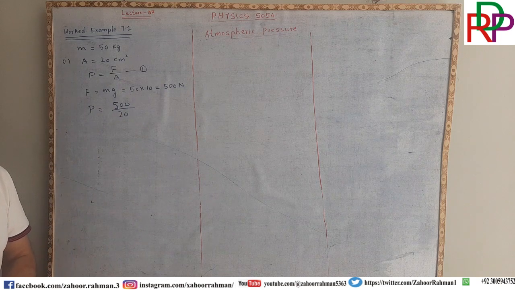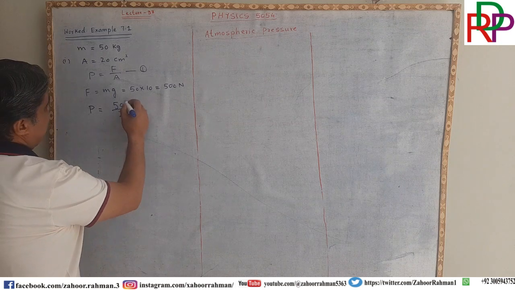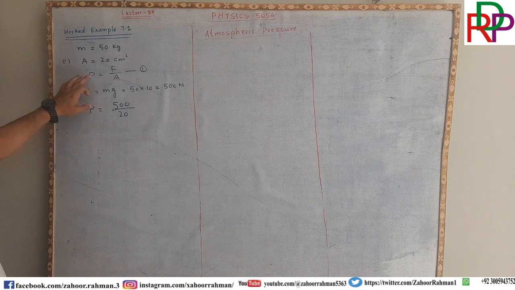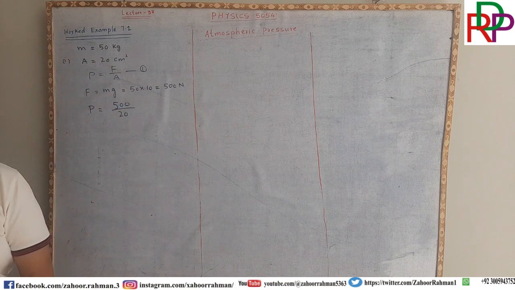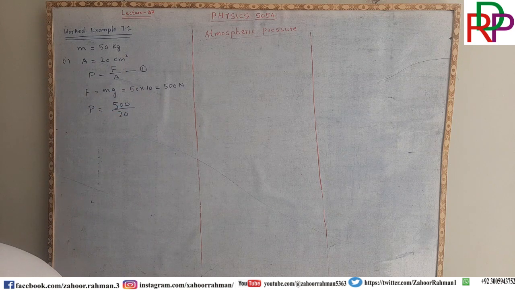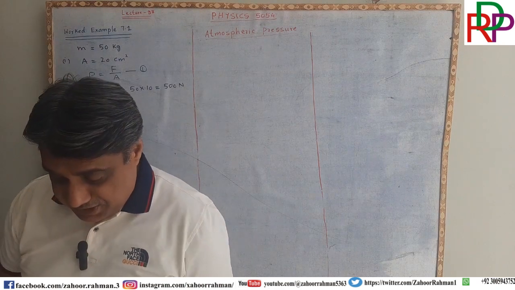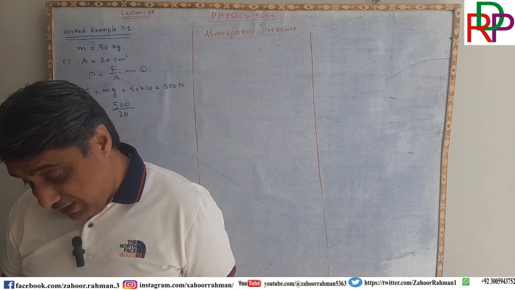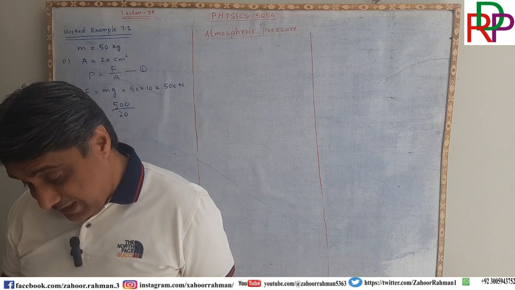Here 500 is the F, M is 50 and G is 10. It is written in advance for you, take acceleration due to gravity G equal to 10 meter per second square.